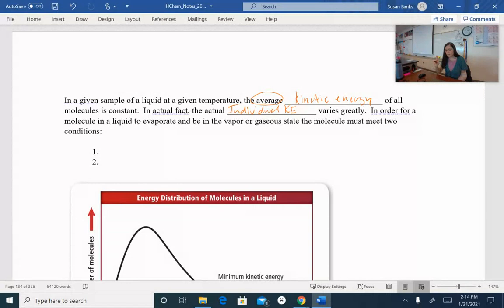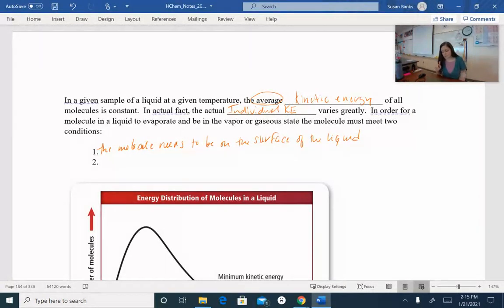So the very first thing is that the molecule has to be on the surface of that liquid, where it goes to the gas phase. So the molecule needs to be on the surface of the liquid in order to evaporate.